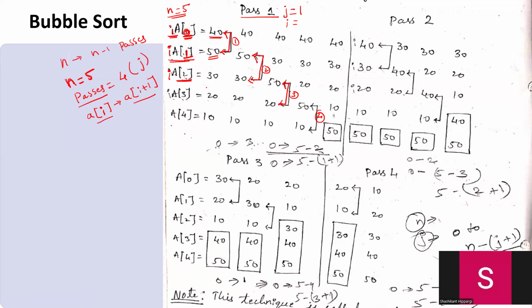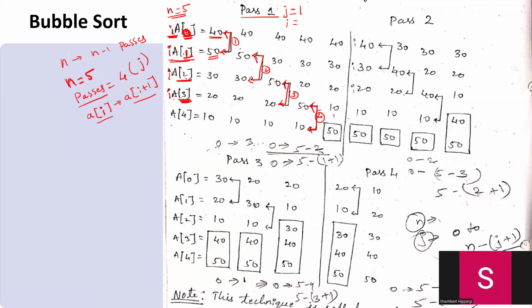If they're out of order, we exchange them. I increment I again by 1. Now I's value is 3, and I am going to compare A of 3 with A of 4. If you see the value of I, we started with 0, and the last value of I should be 3.